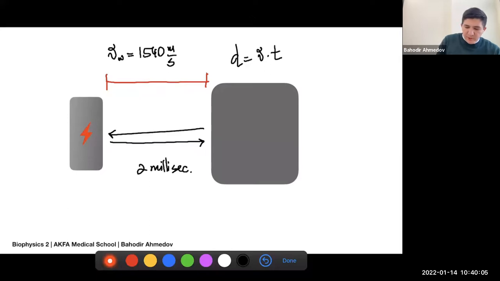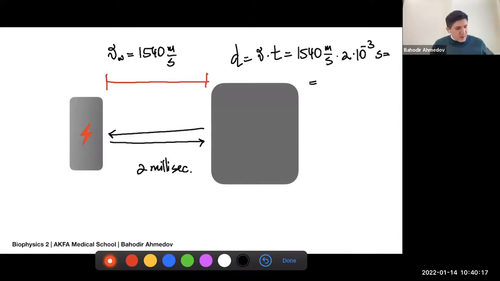Right? And then from here, it's going to be 1,540 meters per second. 2 milliseconds is 2 times 10 to the power of minus 3 seconds. And if you multiply this, you're going to get a huge distance, right? Well, let's make this 2 nanoseconds. Is it okay if I make this 2 nanoseconds?